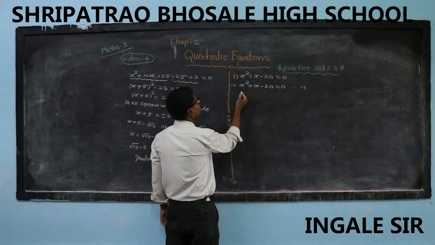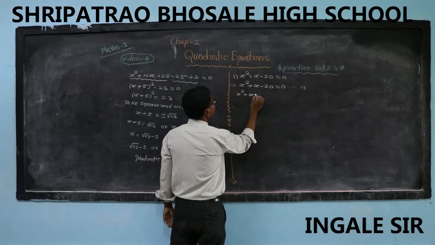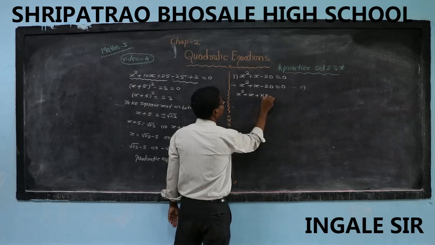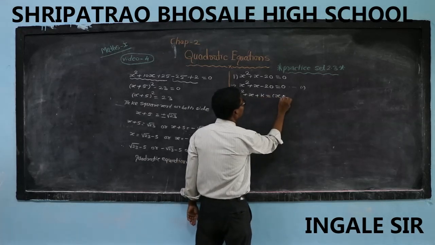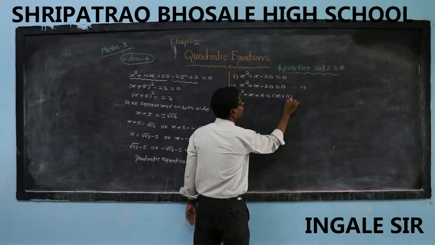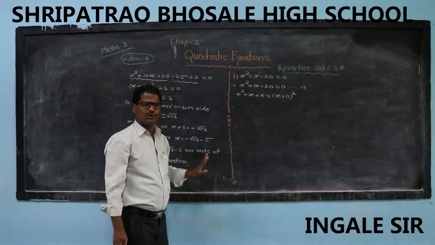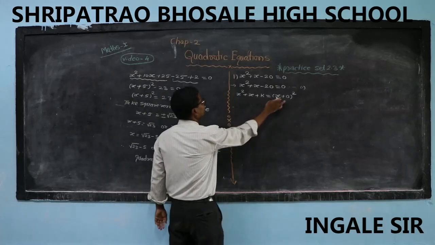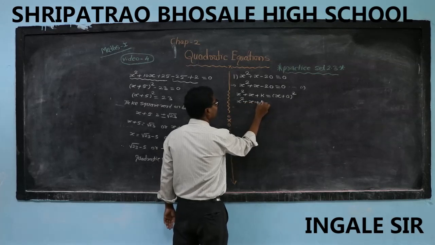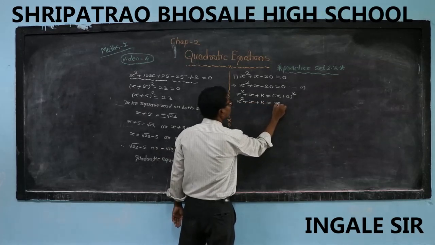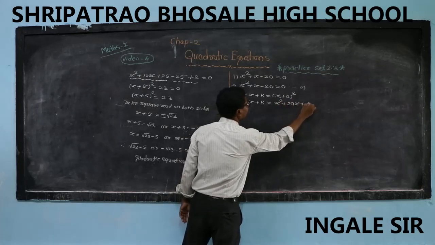Now we have to convert this equation: x square plus x plus k is equal to x, middle term positive plus, a bracket close, square. These two conversions we have to write first. Now solve: x square plus x plus k is equal to x square plus 2ax plus a square.